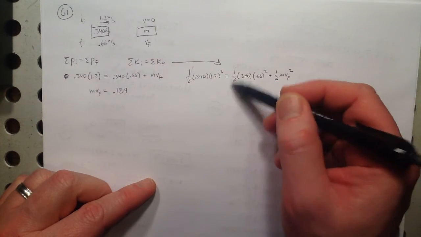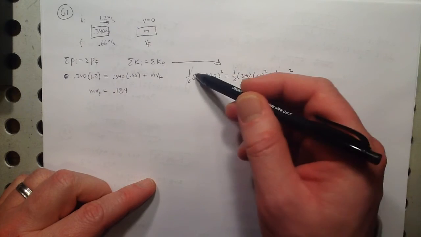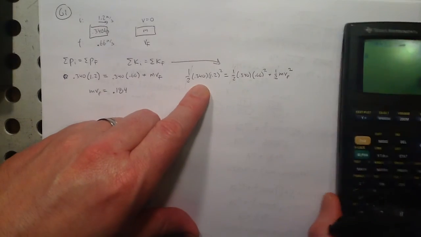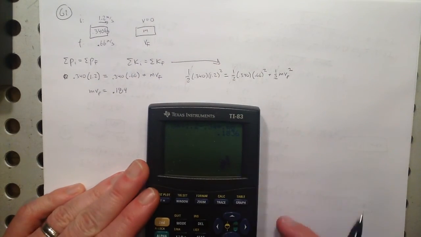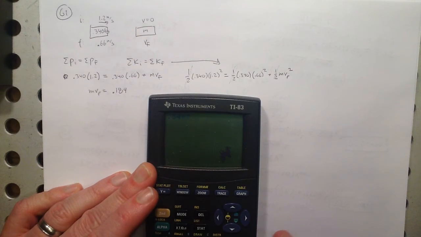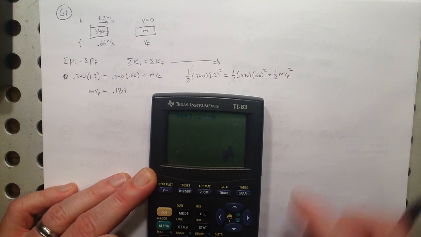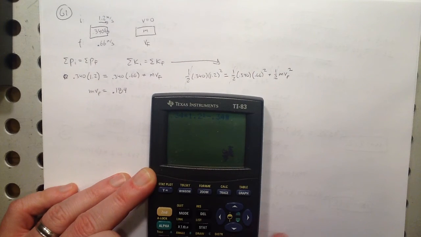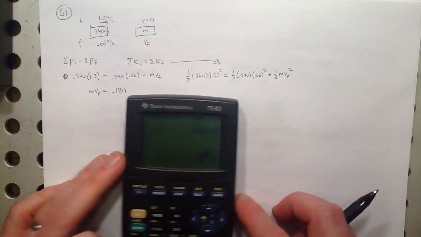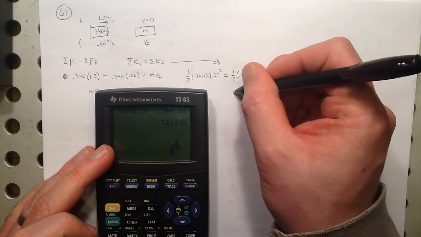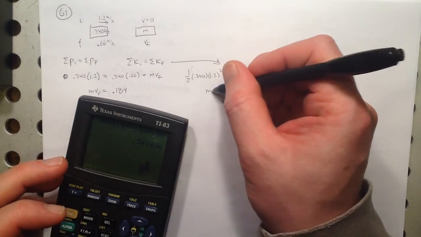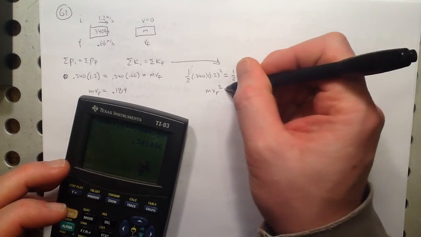I can cancel out the 1/2 here because this is an equation, right? I'm not actually calculating the energy. So I have 0.34 times 1.2 squared. I'll subtract 0.34 times 0.66 squared over to the other side. That's 0.341, and that's MVF squared.